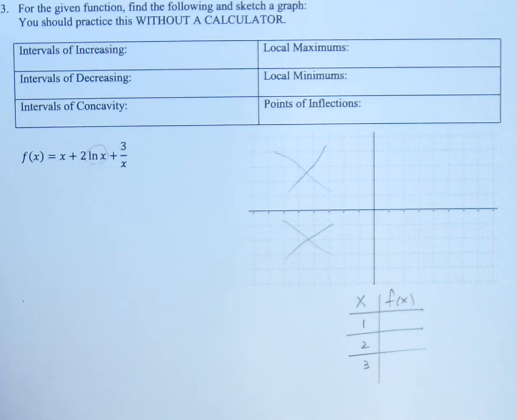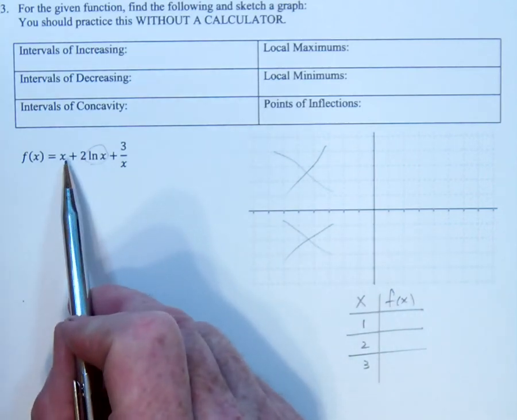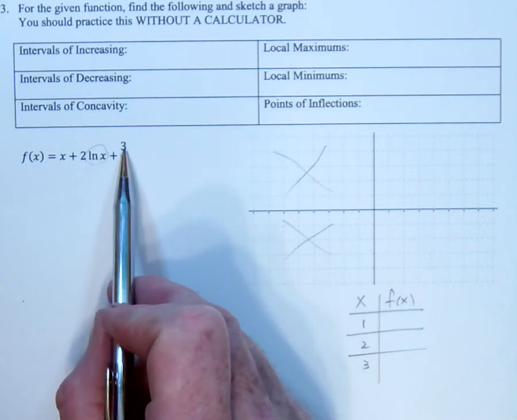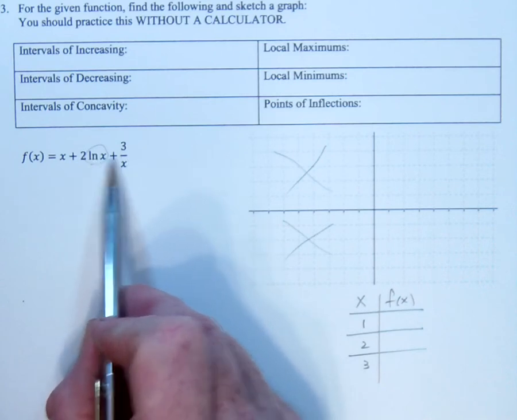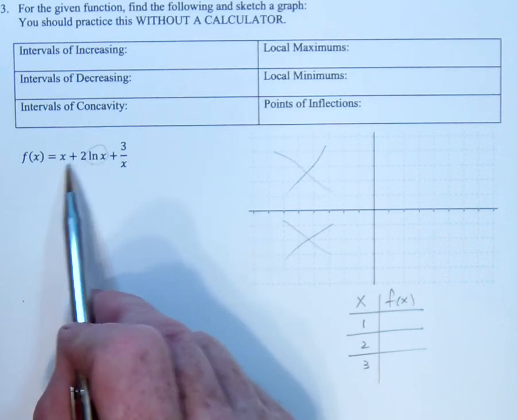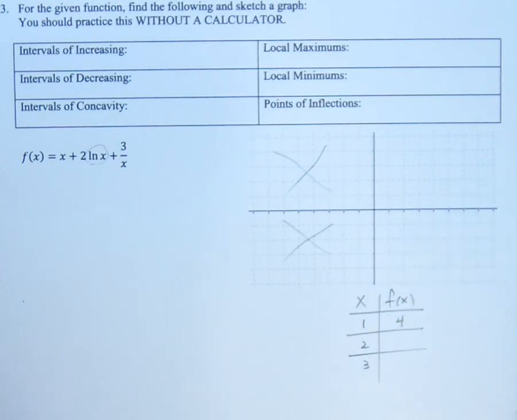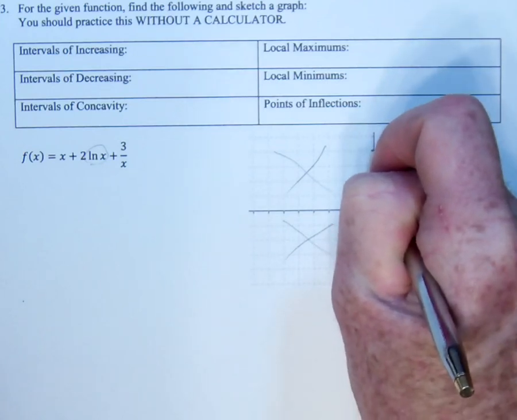Well, okay. When I substitute in a 1, this would be 1. Natural log of 1 is 0. This would be 3 divided by 1. So this would be 0, this would be 3, and this would be 1. So it's 1 plus 3. Without a calculator, that's usually 4. So it would be 1, and then 1, 2, 3, 4. It would be right here.